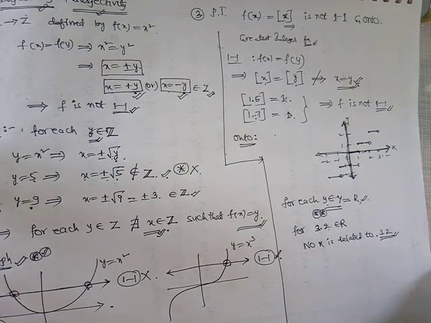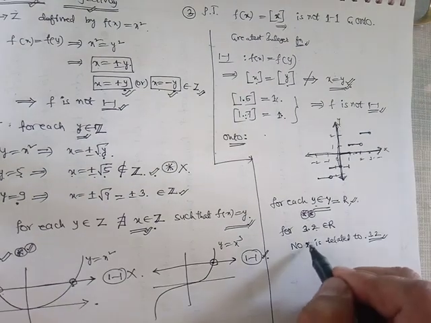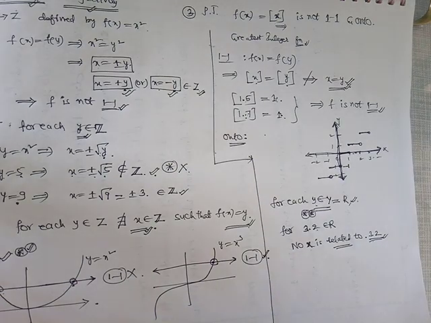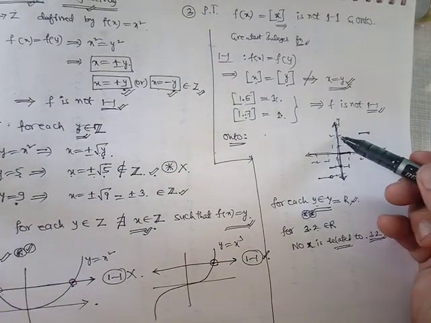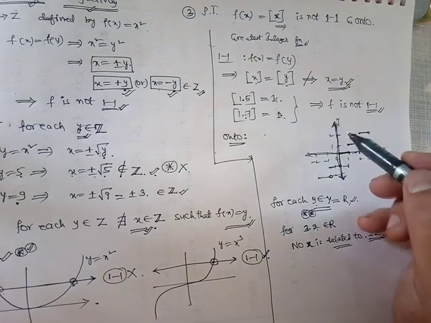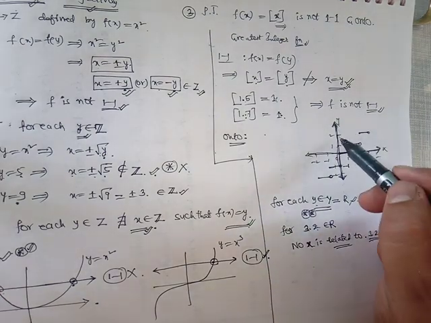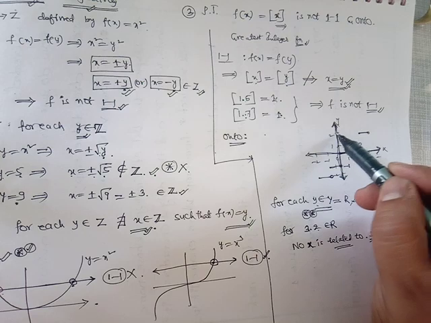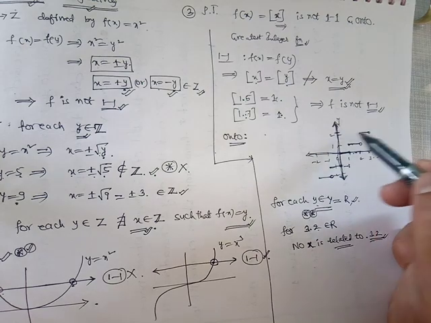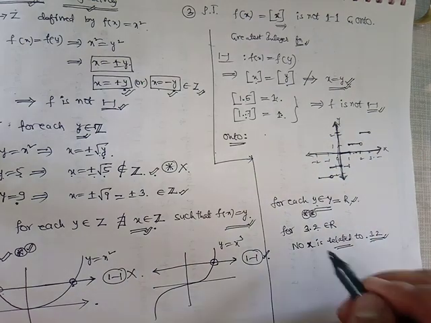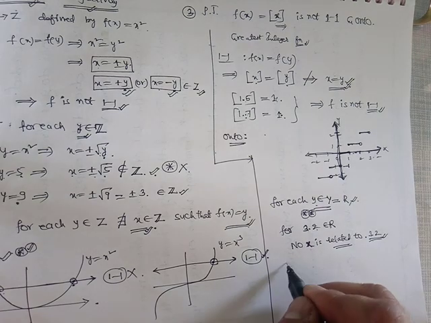Floating values are not related anyway. So no x is related to 3.2. Understand, here it is 2 and 3. So consider 3.2, otherwise 2.2. 2.2 is somewhere else, and it is not related to any particular x value. So that's why floating values can be taken.